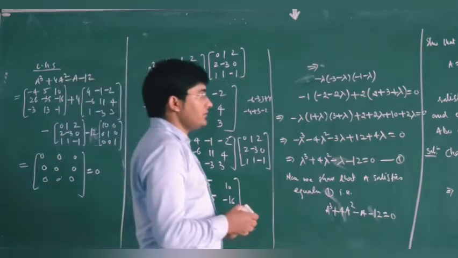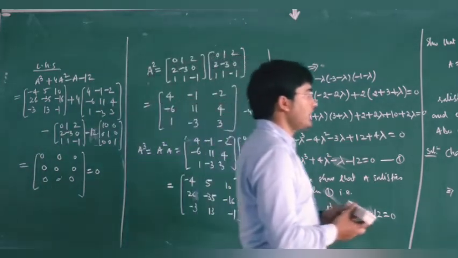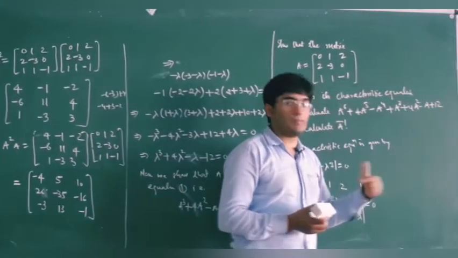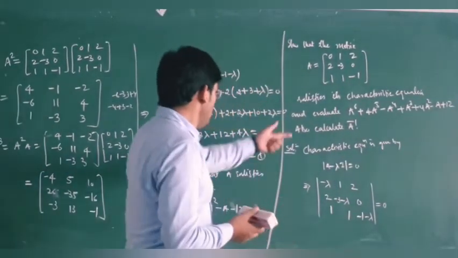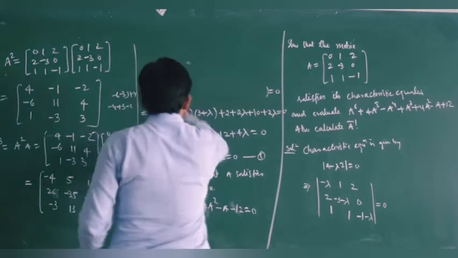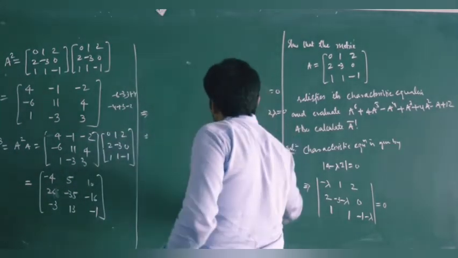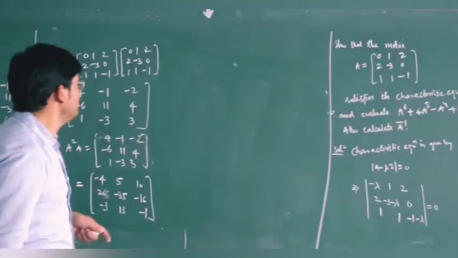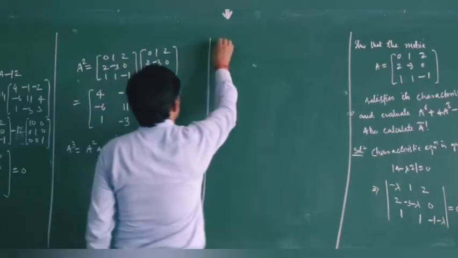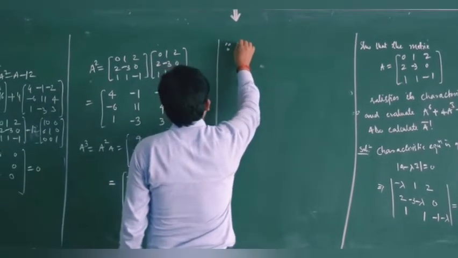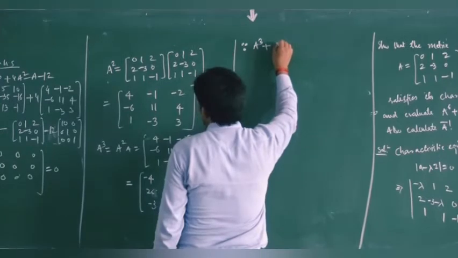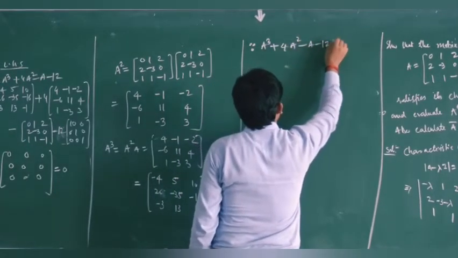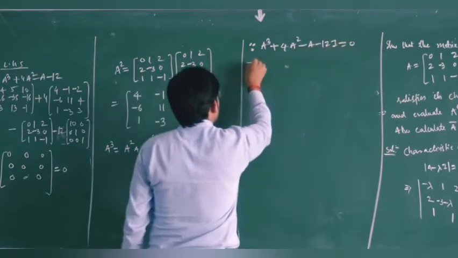Now let us evaluate the second part, which is your A power 6 plus 4A cube minus A power 4 plus A square plus 4A square minus A plus 12. And before that, let us compute the inverse of the matrix. Now, because we have this condition A cube plus 4A square minus A minus 12I equal to 0, let us multiply this equation by A inverse.